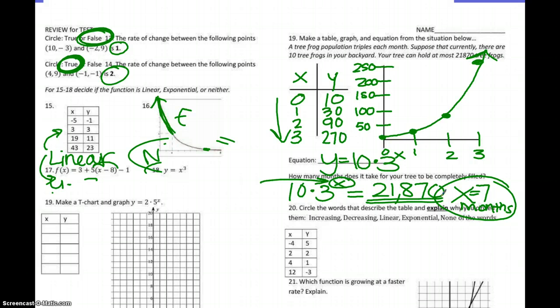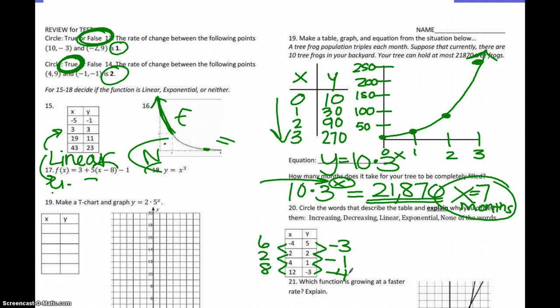Next one, circle the words that describe the table and explain why you circled them. So again, here we're going to find the change. And here it's going up 6, it went up 2, and then it goes up 8. It goes down 3, down 1, and then down 4.